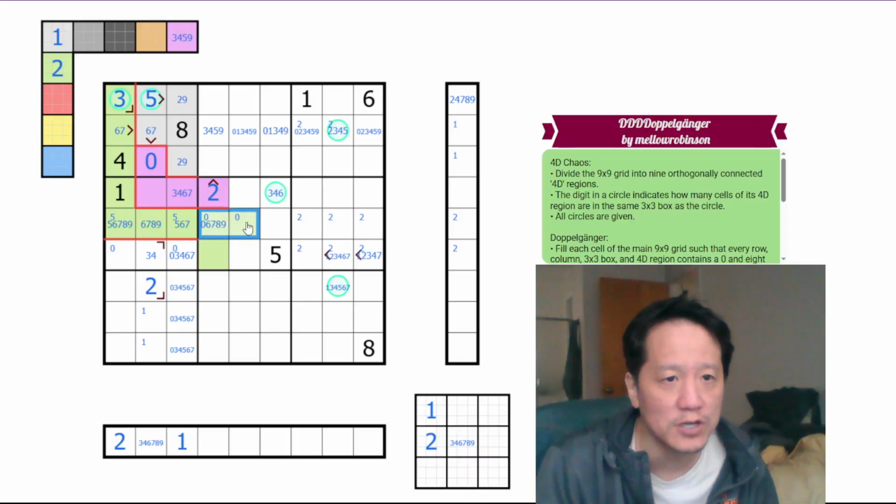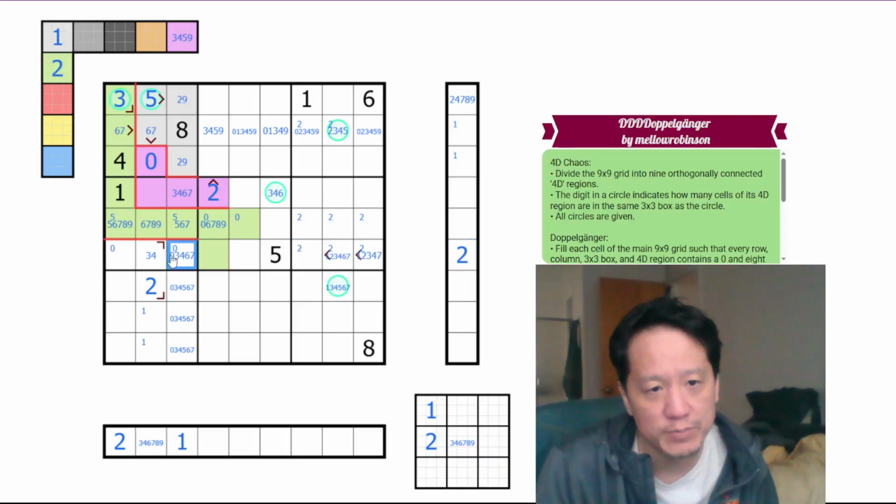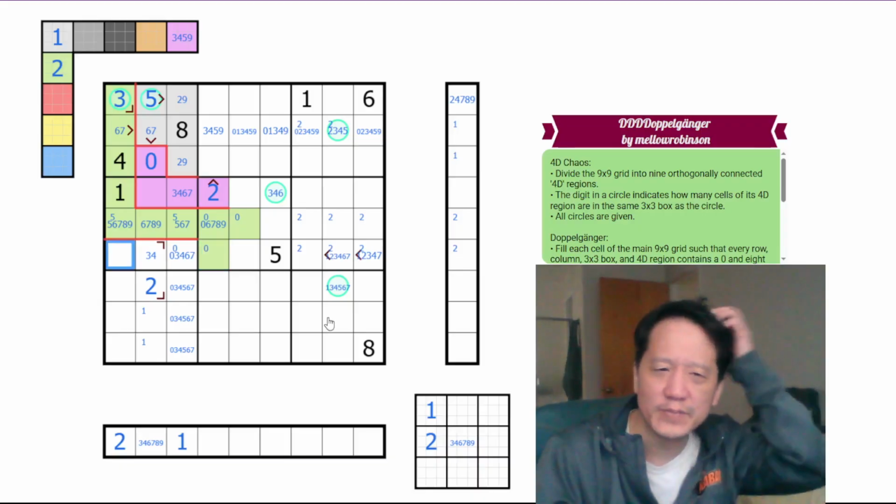That means that 0 cannot be missing a 2 in its row, so this is not missing a 2. This has to be missing a 2 in row 6, which matches... Wait, nope, that doesn't work. Oh, that's bad. That's bad. Oh, that's not good. Okay, what did I miss?